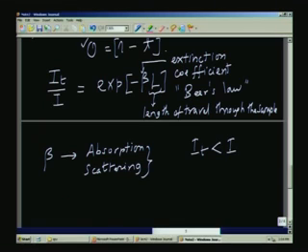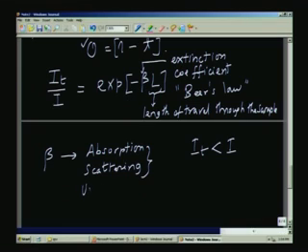So, beta times L. The extension coefficient must be 1 over length in unit, because I cannot take an exponential of a dimensional quantity. Therefore, beta has units of meter to the power of minus 1. L is in meters, beta is in meter inverse.